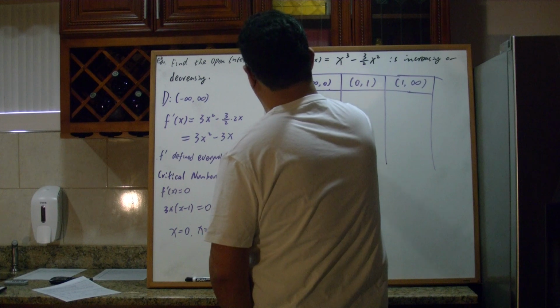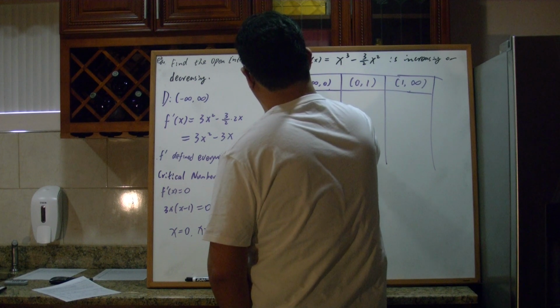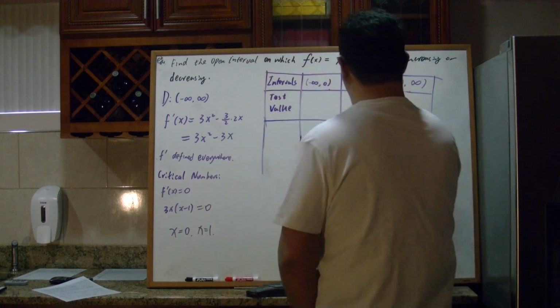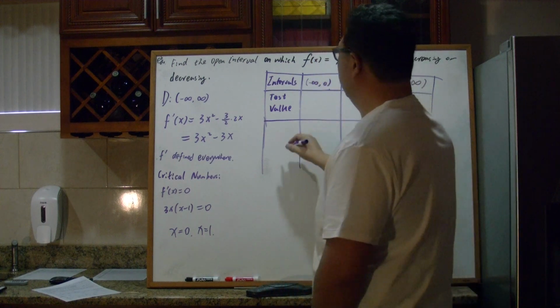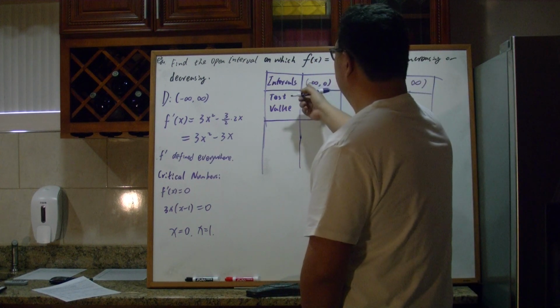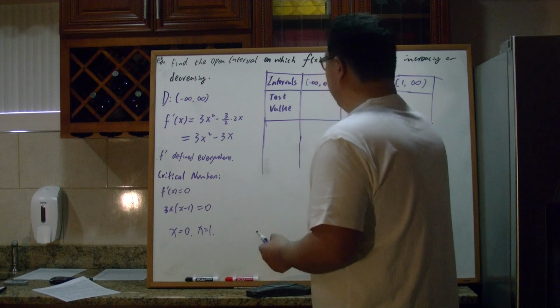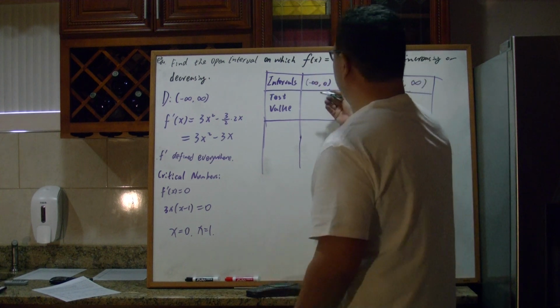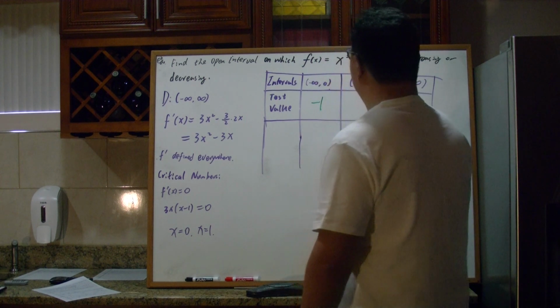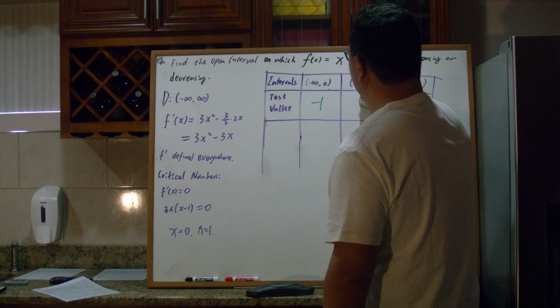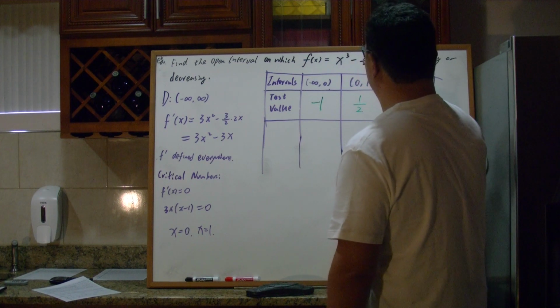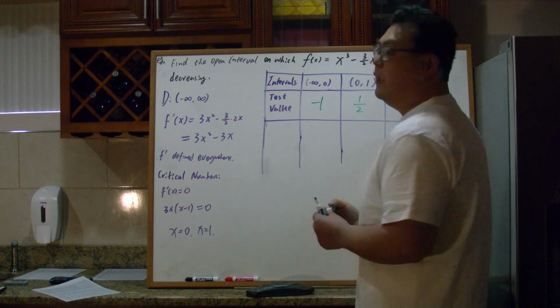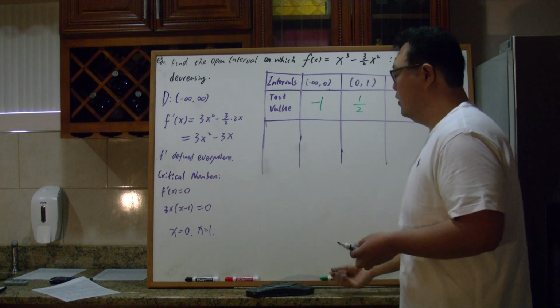Right, so test values. For the interval between negative infinity and 0, we can use the value of negative 1. Between 0 and 1, we can use 1/2 as the value. Between 1 and infinity, we can use 2. Any value that is convenient will be good enough.